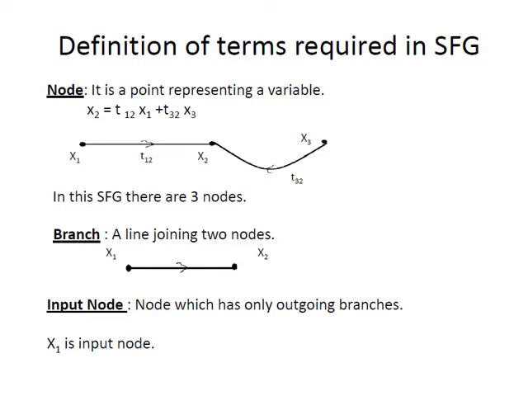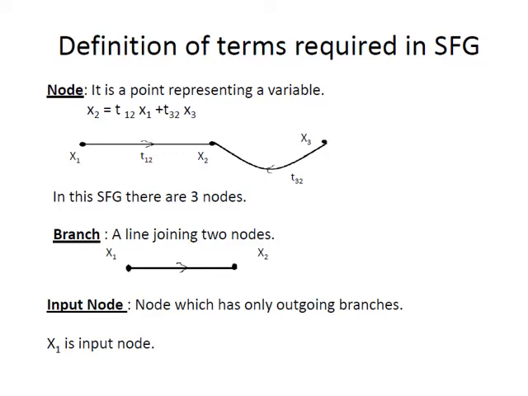Next we have a branch. A branch is nothing but a line joining two nodes, represented with a direction, and sometimes the gain is written on top of the arrow. Next is the input node, a node which has only outgoing branches.